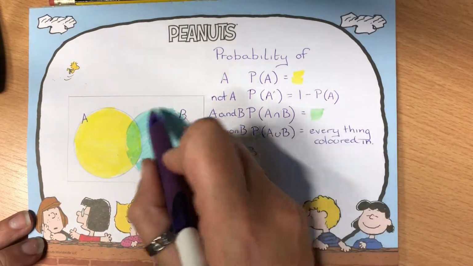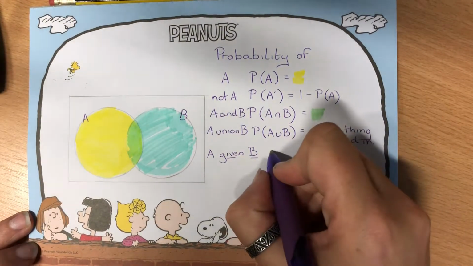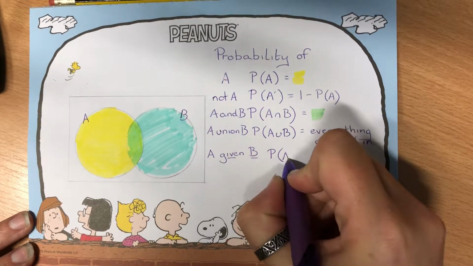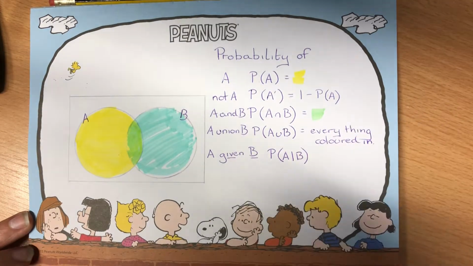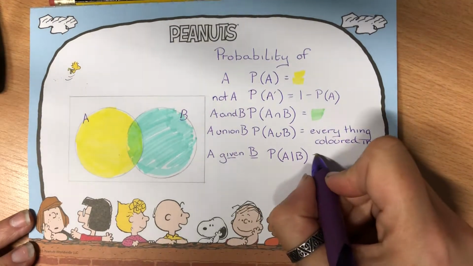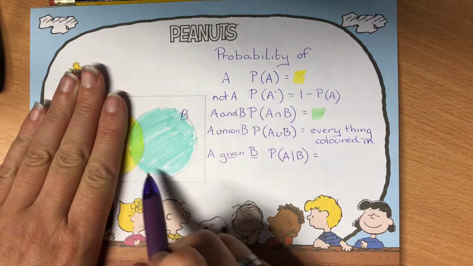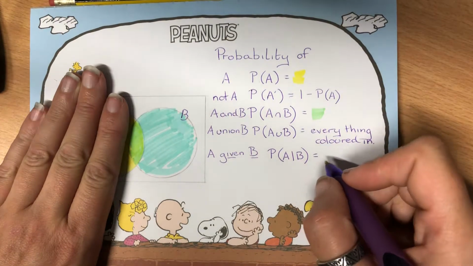What we're just looking at is out of B. We write that as the probability of A given B. And so when we're working that out, we ignore everything that isn't in that B circle.